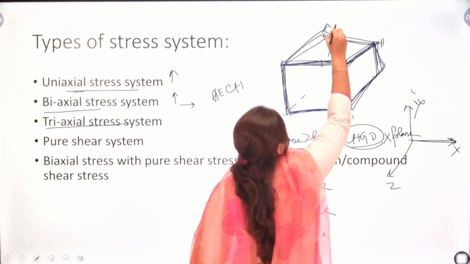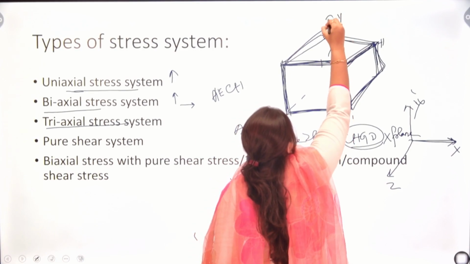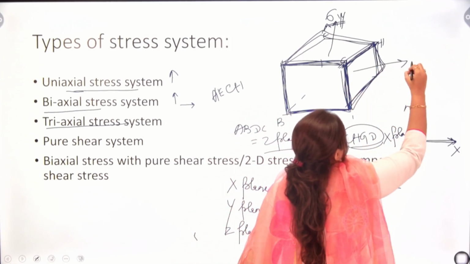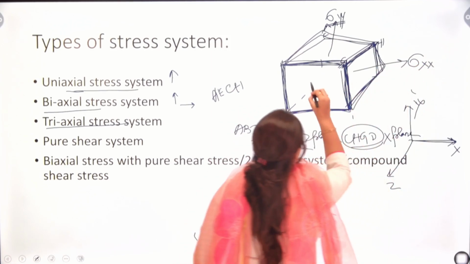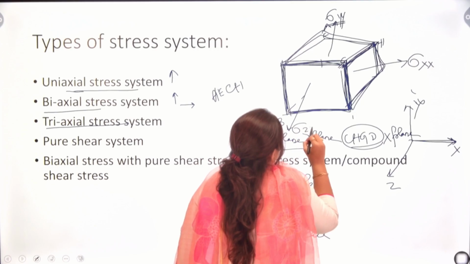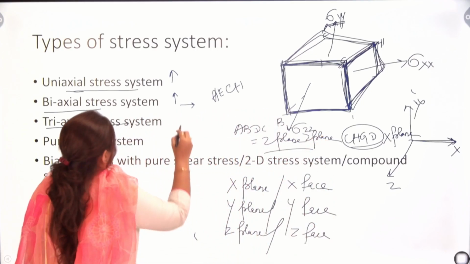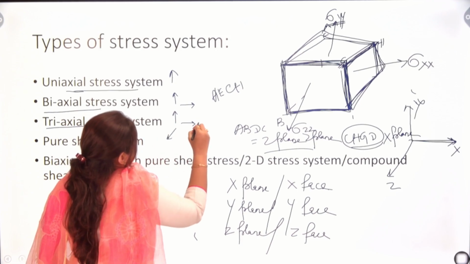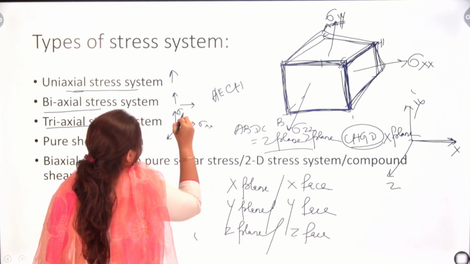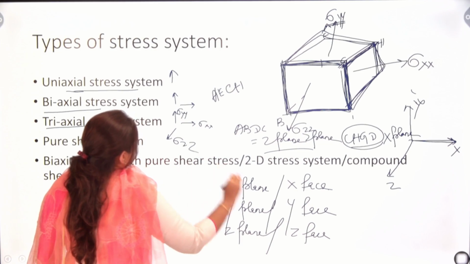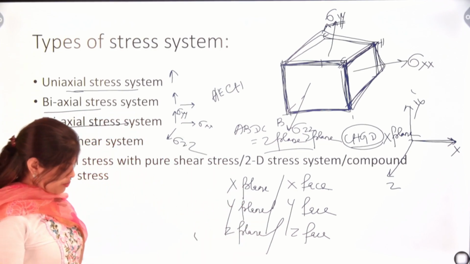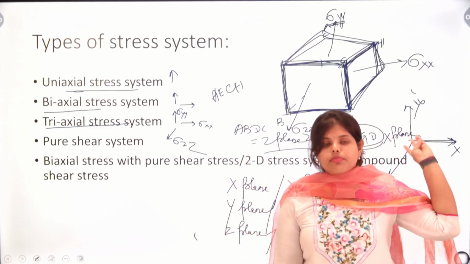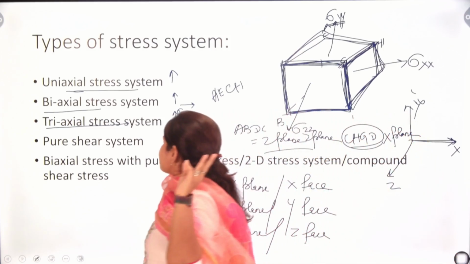So here the stresses will be sigma yy, in this plane sigma xx, and here sigma zz. You can draw this in this way also. Now you have understood what the uniaxial stress system, biaxial stress system and triaxial stress system are.